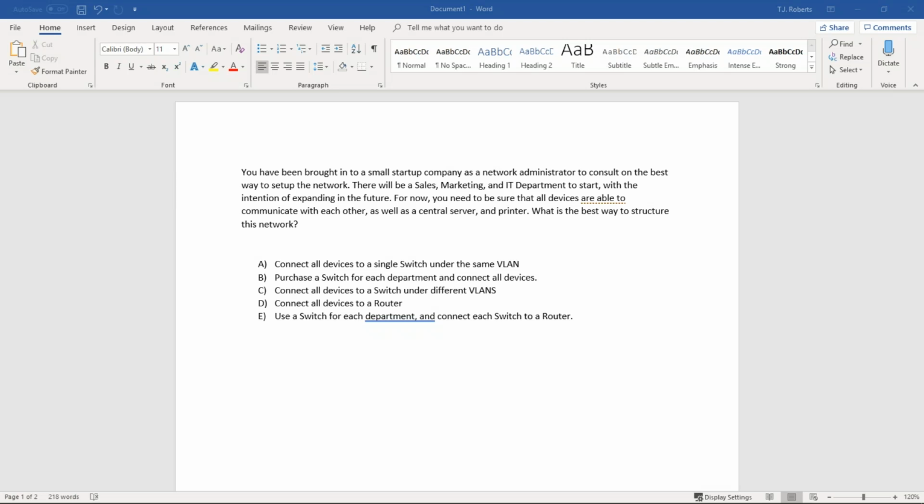Does anyone else have a guess? Okay. So far I only have an E. He's saying use a switch for each department and connect each switch to a router.